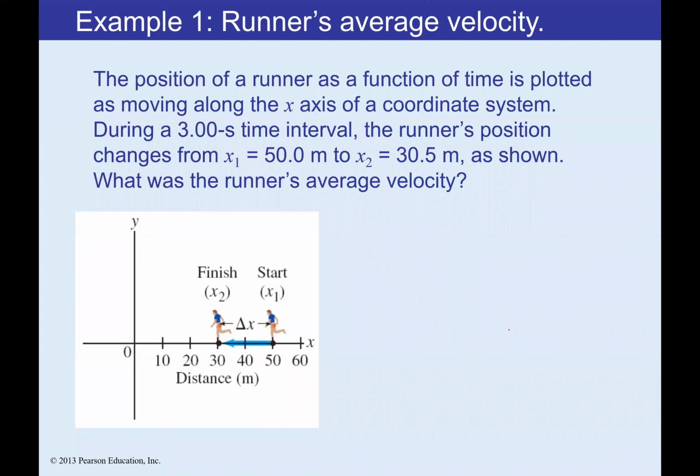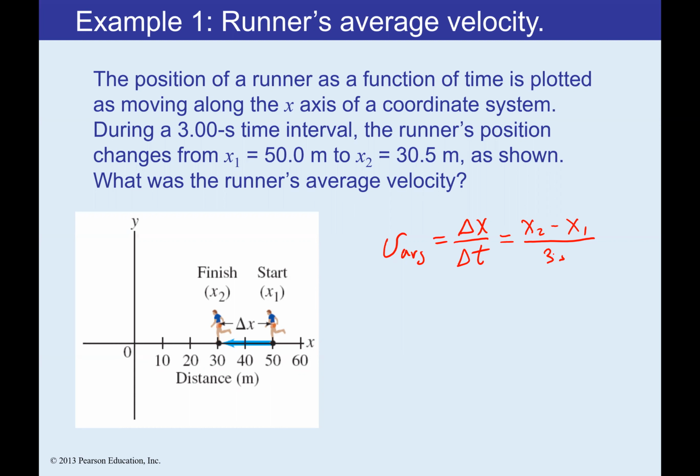Remember, we talked about a velocity equation last time, v average, which is your displacement over time, delta x over delta t. Delta x is the difference between your positions, x2 minus x1, and this delta t we're given as 3 seconds, which is the time interval.